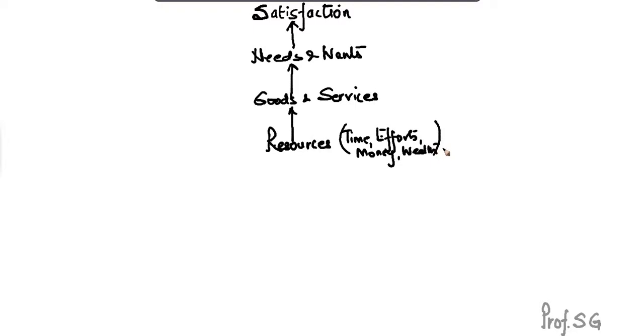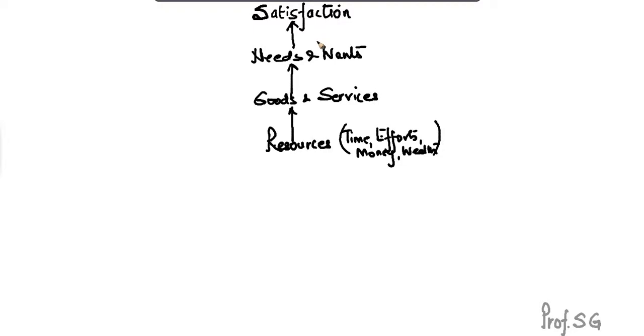So all these could be examples of different resources that one requires in order to buy these goods and services, and by fetching these goods and services one can fulfill his needs and wants, and this can ultimately lead to satisfaction.